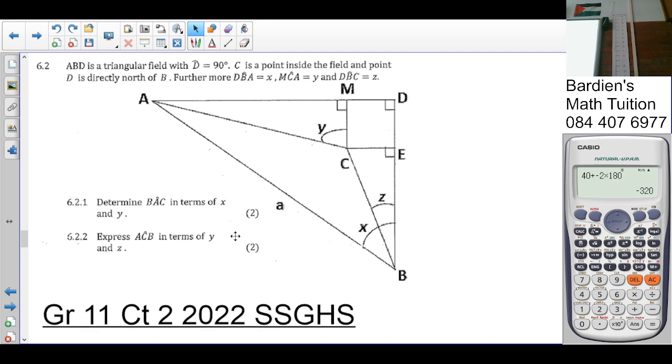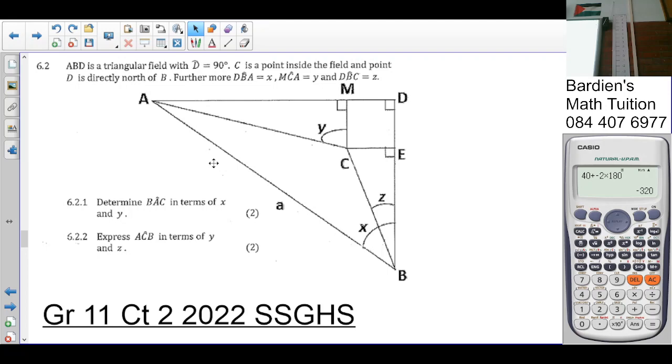In 6.2, we are told that ABD is a triangular field with angle D equal to 90 degrees. Then we are told that C is a point inside the field and point D is directly north of B. Okay? Which means to say it's a straight line. Furthermore, angle DBA is x.